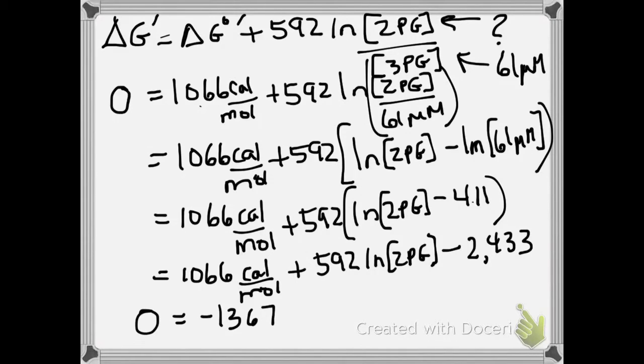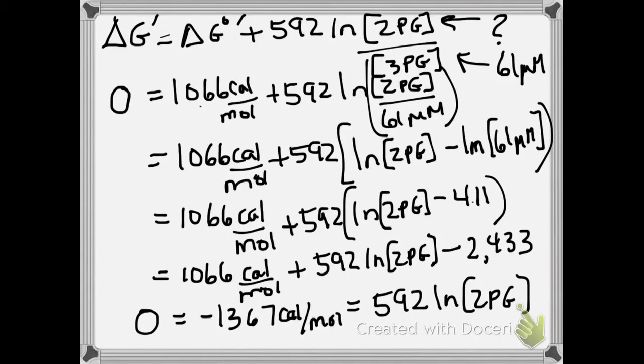So we subtracted 2,433 from the 1066 to get minus 1367 equals 592 times the natural log of 2-PG. Excuse me. Oops, I noticed here I put an equal sign there, and this should be a plus.